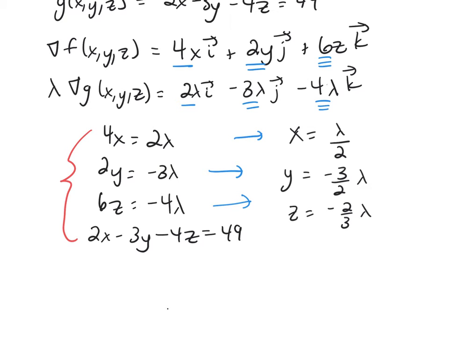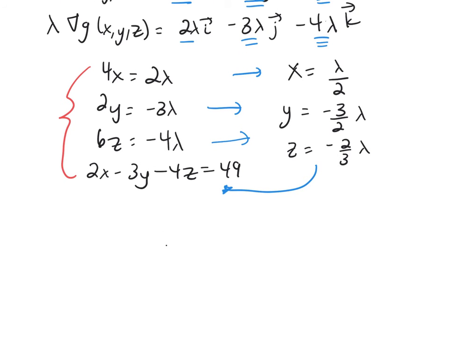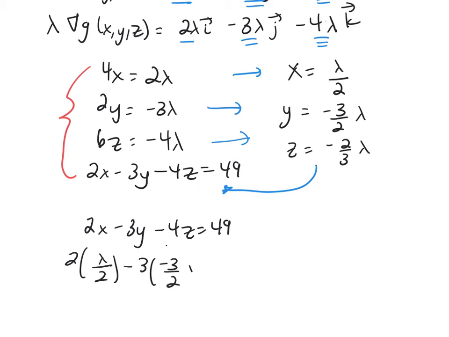And what you're going to do is take all three of these and plug them into your fourth equation. That'll get you an equation with just one variable in it, just lambda. So you take your 2x minus 3y minus 4z equals 49 and plug in: 2 times lambda over 2, minus 3 times negative 3/2 lambda, minus 4 times negative 2/3 lambda equals 49.